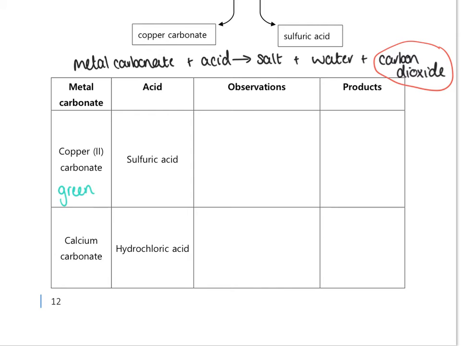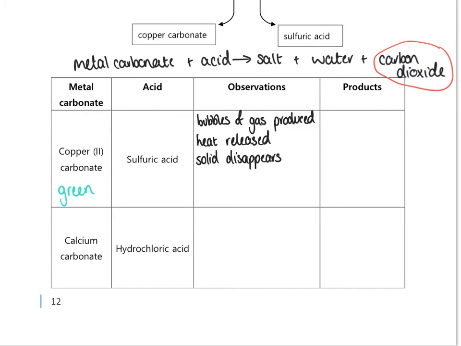So the first thing that we're going to have is bubbles of gas produced. Or fizzing is fine. Second thing is common with our metal plus acid reaction, and that's the fact that heat is released. Similarly, where the metal disappears with the reaction of metals and acids, the solid disappears in this case, and the solid is copper carbonate, so the copper carbonate will disappear.